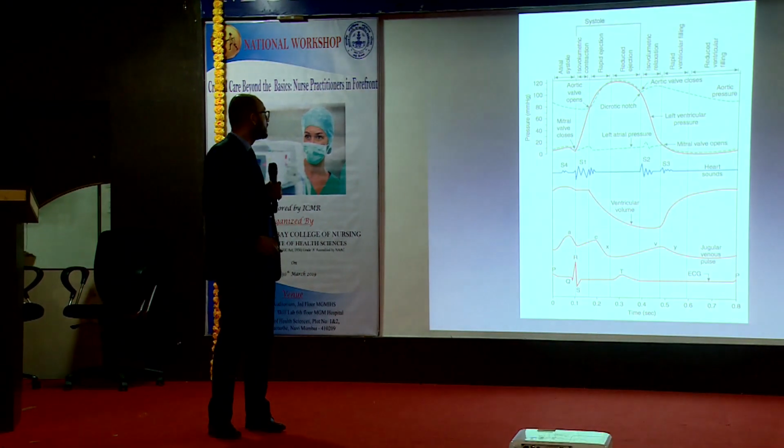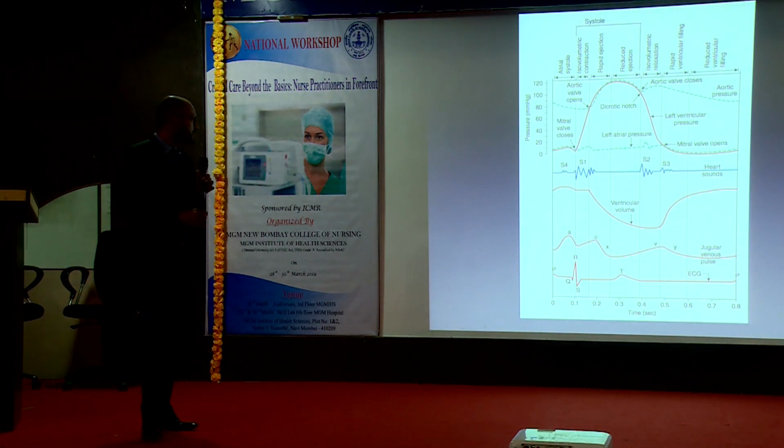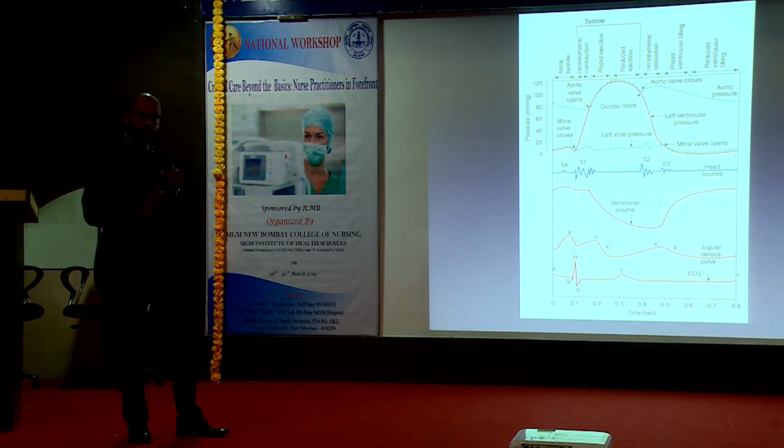Now, this looks like a very busy slide. You don't have to sit and memorize all of this. I just want you to see the relation of the jugular venous pulse, A, C, V, X, Y, in relation to the cardiac cycle and the heart sounds. S1 is when the mitral valve closes. So when the tricuspid valve closes, that causes S1. You're aware of that, right?